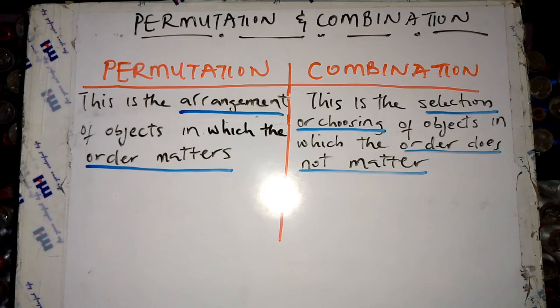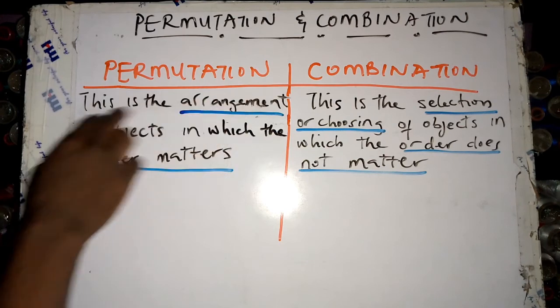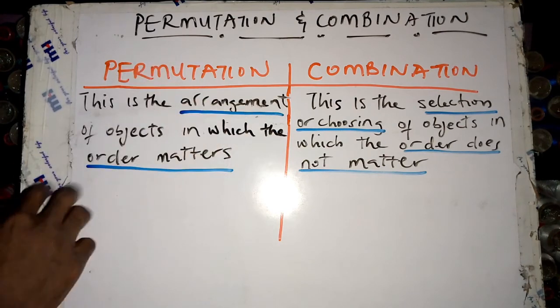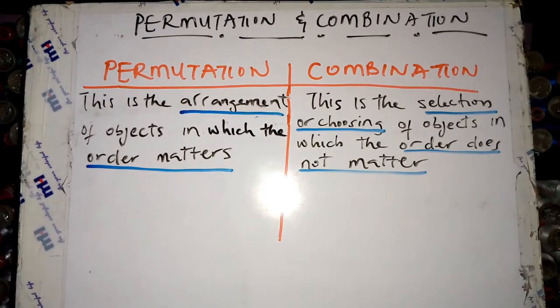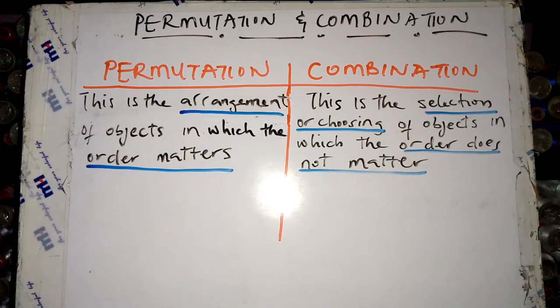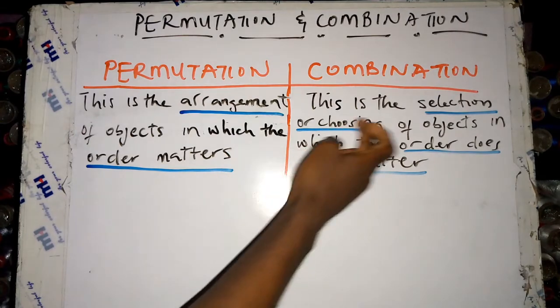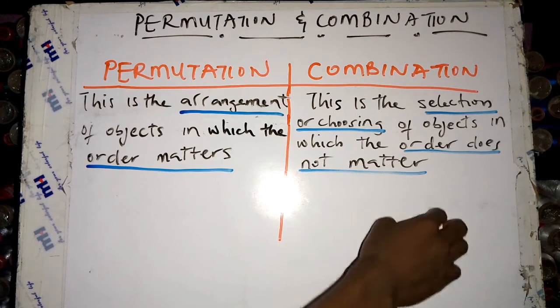Okay, so now when we talk about permutation and combination, right here I say permutation. Under permutation, this is the arrangement of objects in which the order matters. So that's straightforward. We are still going to look at examples on that. Meanwhile, for combination, this is the selection or choosing of objects in which the order does not matter.